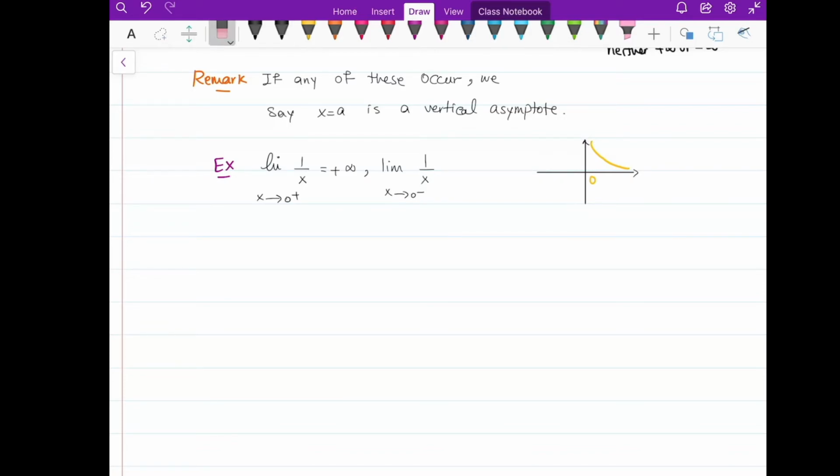Actually, let me change the graph so that it looks like an asymptote. It is negative infinity. So the limit of 1 over x as x goes to 0, we say that does not exist. And we say that x equals 0 is actually a vertical asymptote.